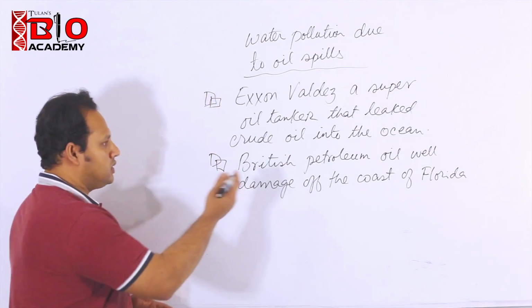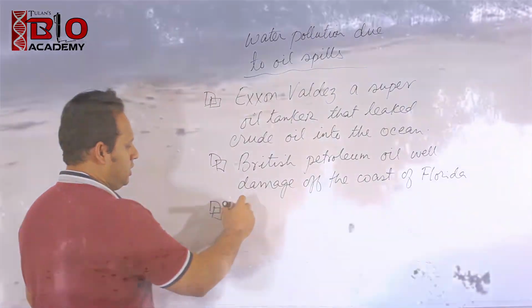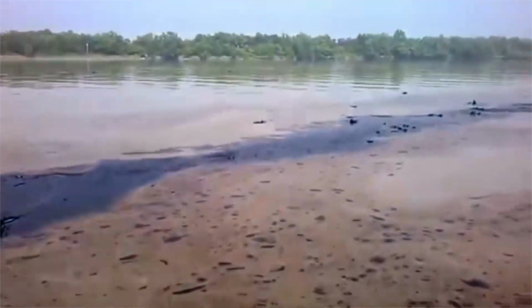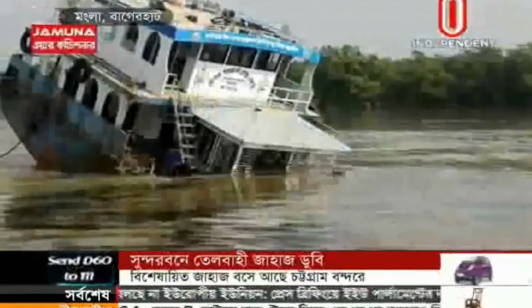So these are international examples. A local example we can give is an oil spill. Again, you can search this up. Oil spill in the Poshur River in the Sundarbans area, the Sundarbans mangrove forest.